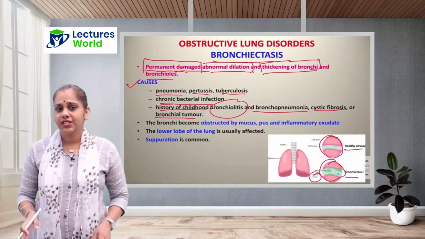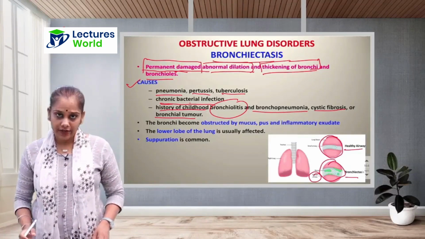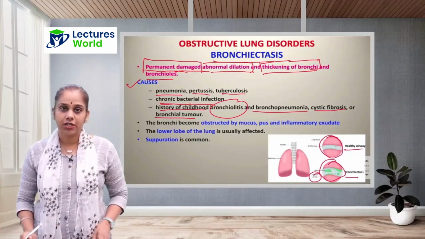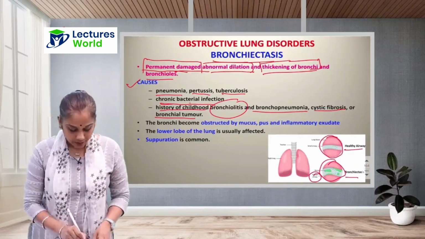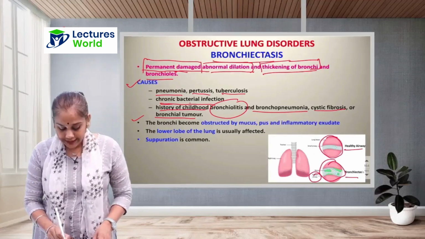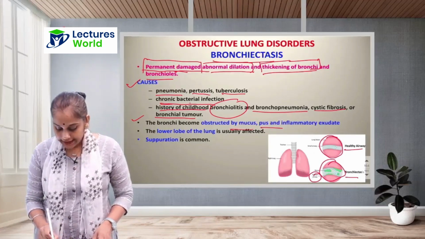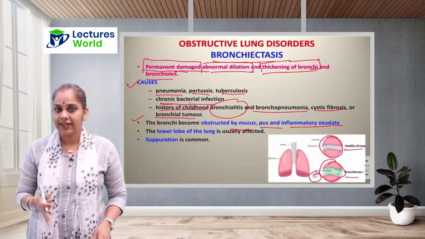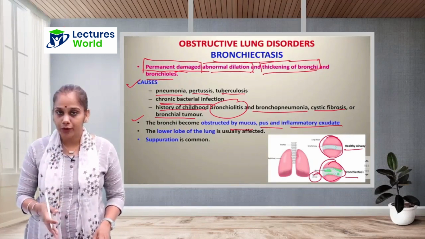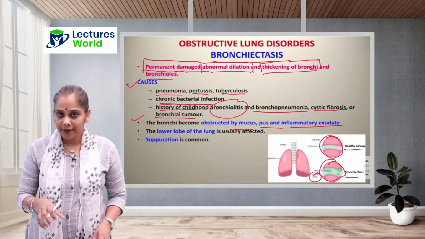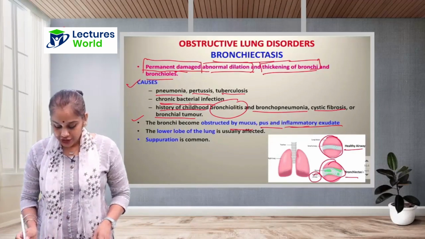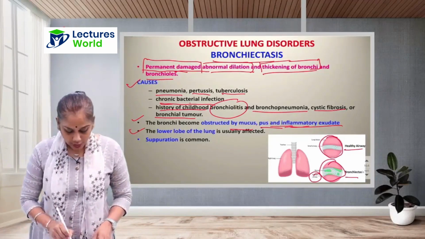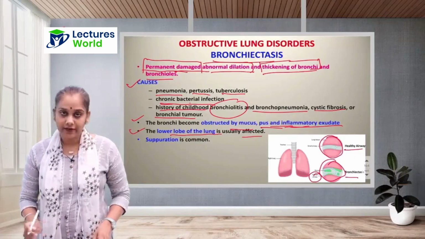So this condition can cause secondary infection, like a permanent damage or permanent dilatation of the airways. The bronchi become obstructed by mucus and inflammatory exudate. Okay, the airway will be obstructed because of more mucus secretion or plugging of the mucus, inflammation, or we can say pus secretion.